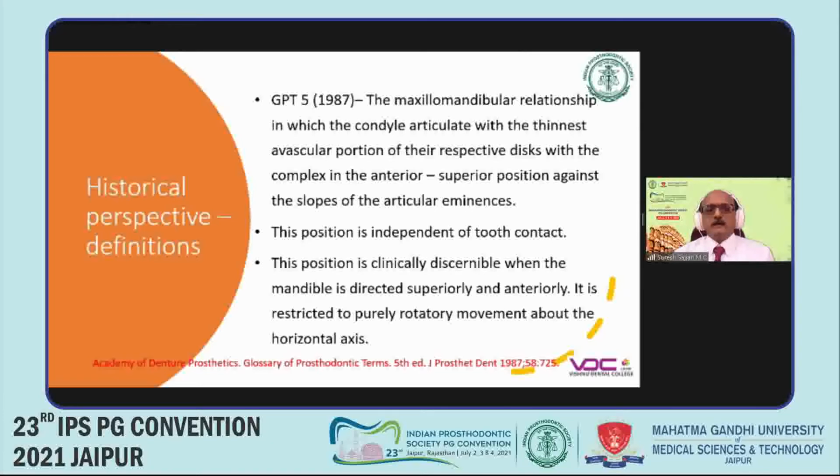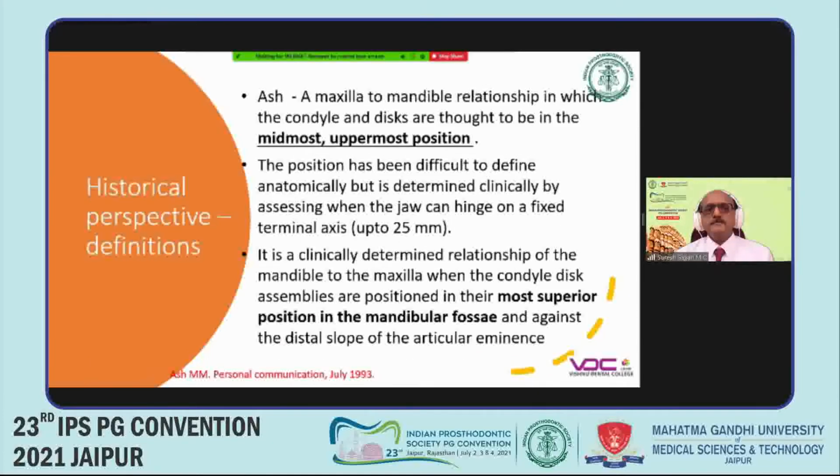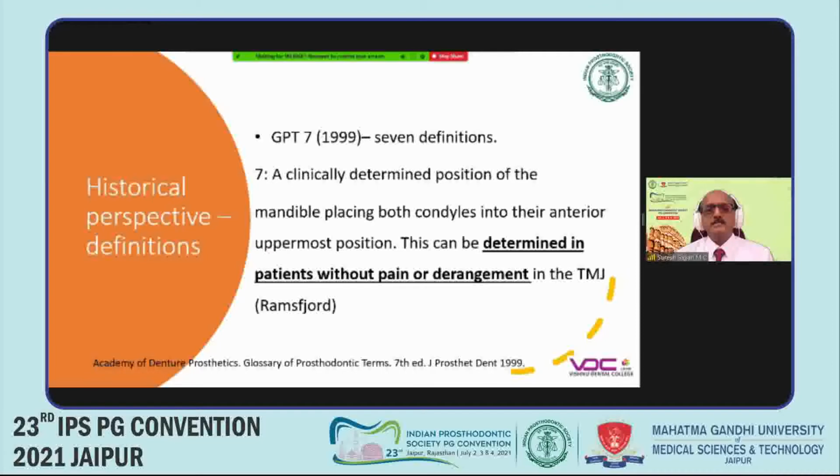And then there were again some changes. Then they said it's a midmost uppermost position, then a most superior position in the mandibular fossa. So it continued like that. And then when GPT-7 came, they said all the things are correct.